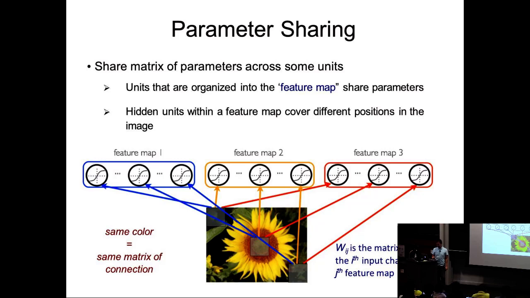Okay? So same color, the same matrix of connection, and Wij here is the matrix connecting the ith input channel with the jth feature map, right? So that's the basic notion behind convolutional neural nets: local connectivity and sharing of parameters.